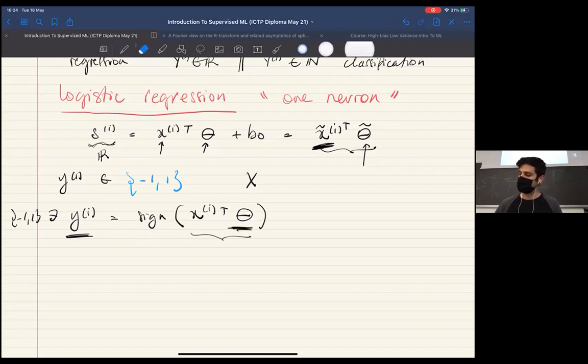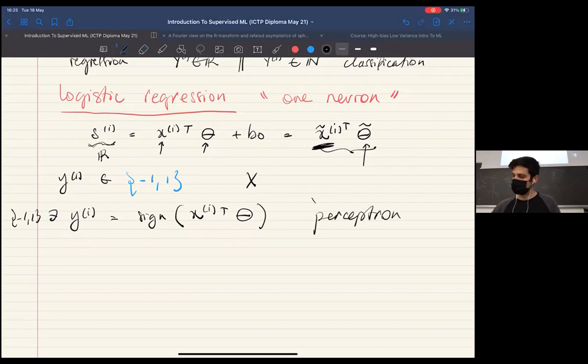And this machine learning model, this hypothesis class, if you want, is called the Perceptron. And the Perceptron was designed in the 60s as the first model of an artificial neuron.